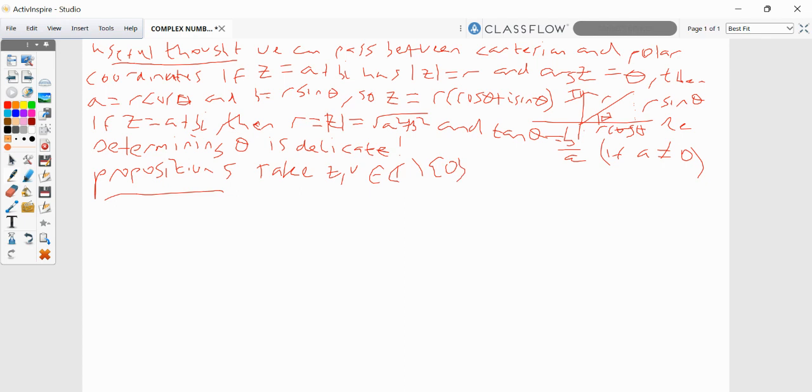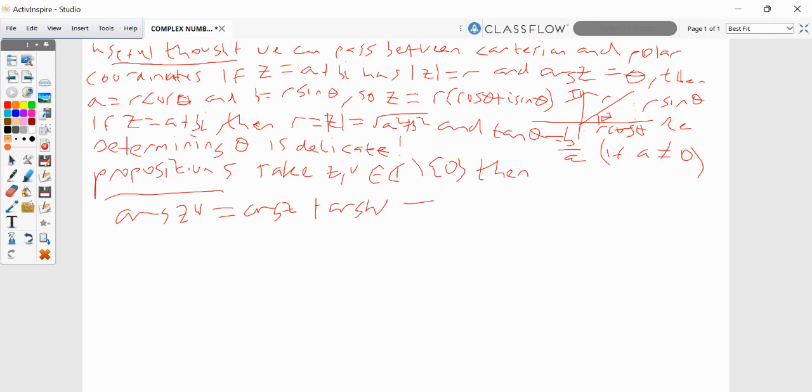Then we have that the argument of zw is the same as the argument of z plus the argument of w.